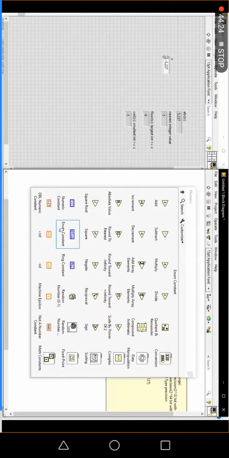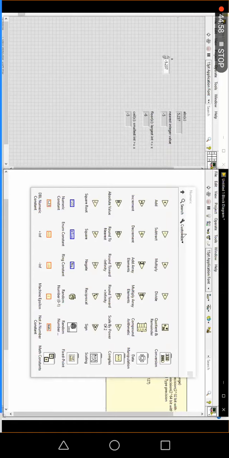Apart from these functions, you have the expression node. How many of you remember where the expression node is available? The expression node is also part of the numeric data type. Simply, with the expression node you can write and calculate an expression for only one variable.